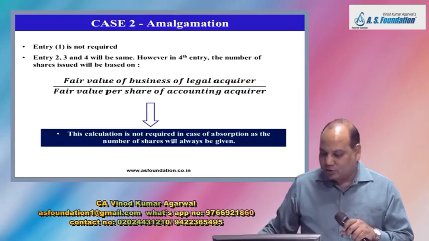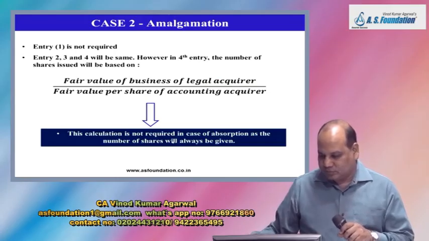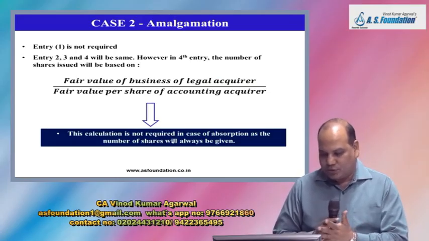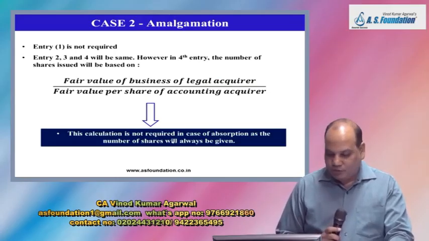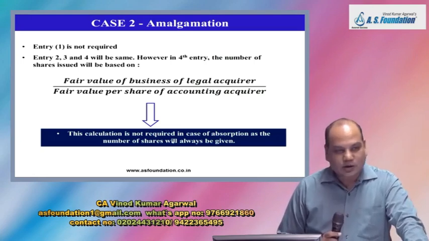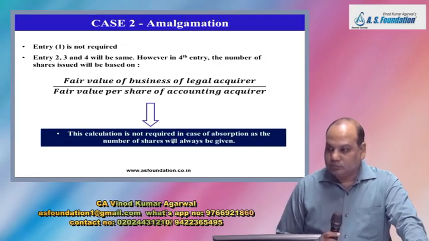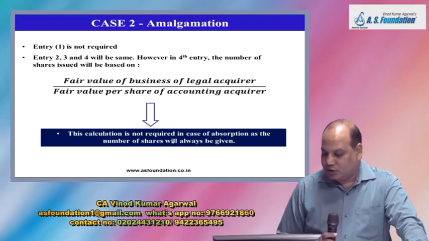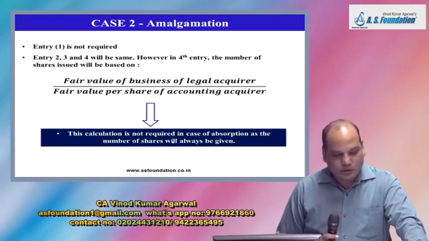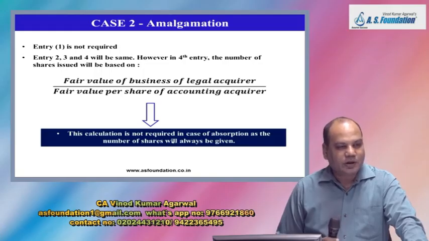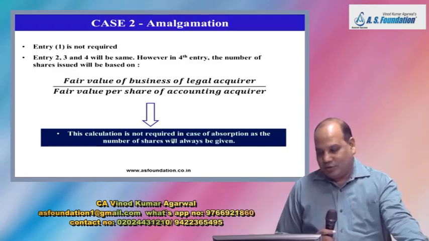This calculation is not required in the case of absorption, as the number of shares will always be given. Number of shares will appear in their respective SOFP. Is it right?